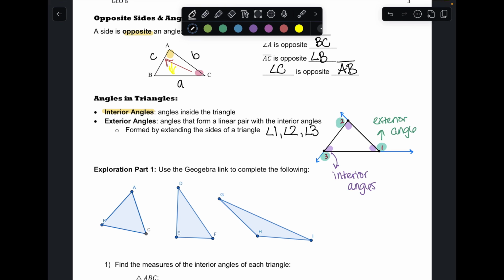So now, I want you to pause this video after I give you instructions, and I want you to go to Schoology. You're going to click on the Unit 3 or Unit 4 folder, and then you are going to click on, this one will be 4.1 Exploration Part 1.